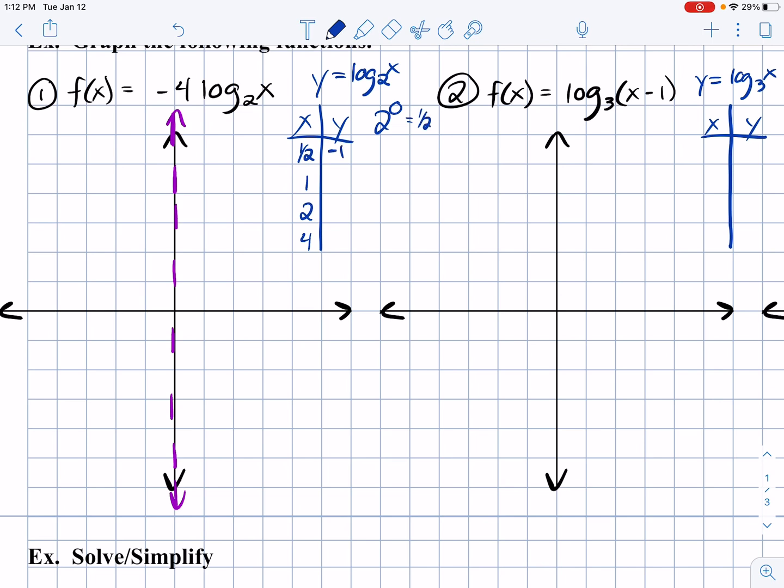Well, that would be -1. 2 to what power gets you 1? That would be 0. 2 to what power gets you 2? 1. And 2 to what power gets you 4? That would be 2. Great.